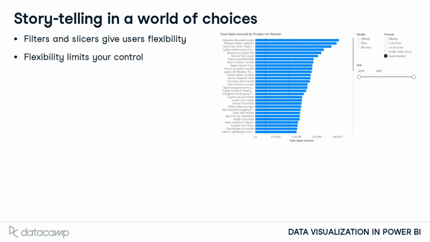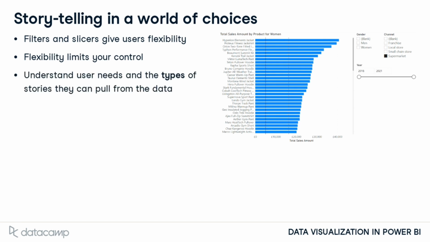This flexibility limits your control and ability to design explicitly for a dataset. Even so, understand what the user needs and the types of stories they are likely to see. In practice, this means you won't have a lot of static text on a report, because you don't know if that text will make sense given the user's selections.